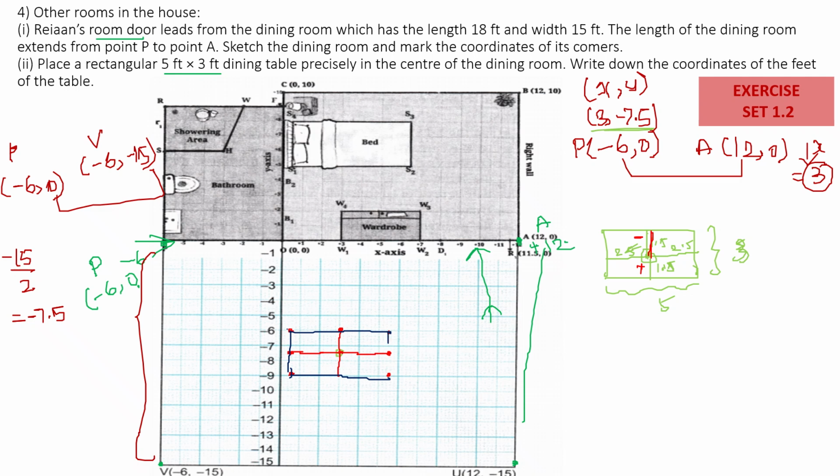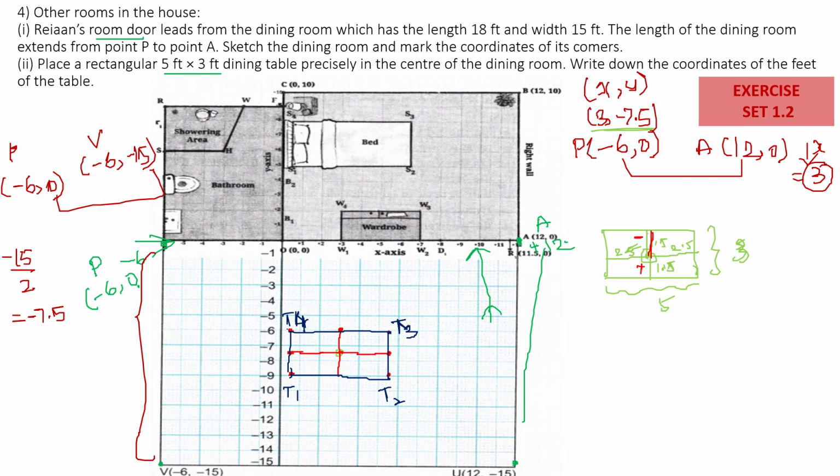But still we need to mark the points of the four corners of the table, right? So the coordinates we need to write. So we'll start writing the coordinates. First I'll mark the vertices. We can mark the vertices as T1, T2, T3, that means the corners, T3, and over here T4. Okay, yeah, so now we'll write the coordinates for T1.